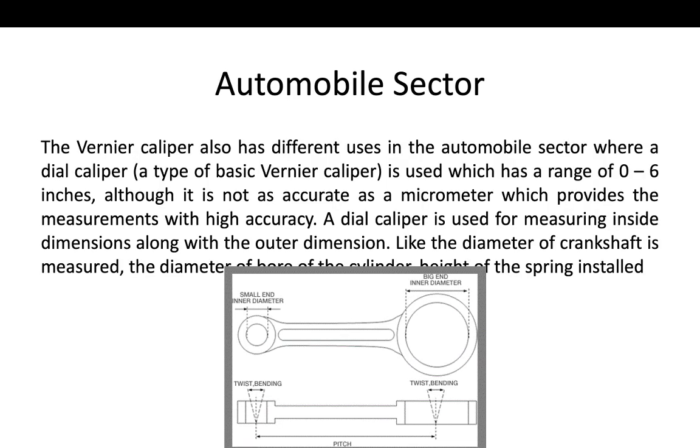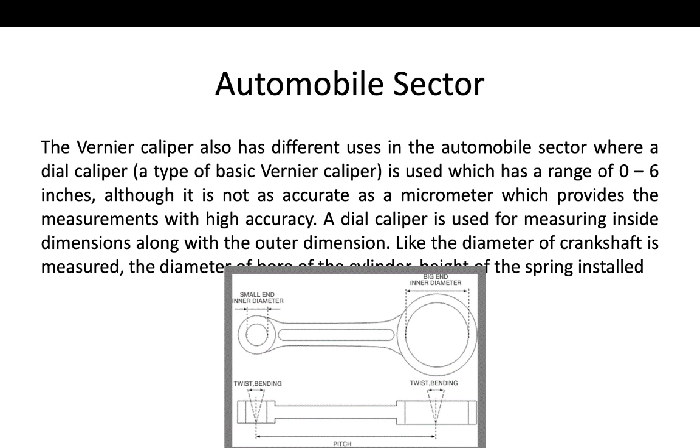Automobile sector. The automobile sector is also a sector which is using the vernier caliper a lot. Nowadays, sometimes we think that in industries which are progressing a lot, you will not find the vernier caliper physically there.